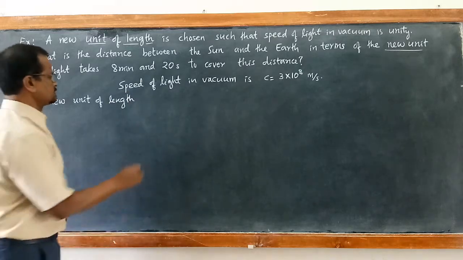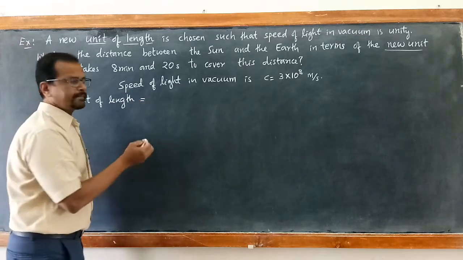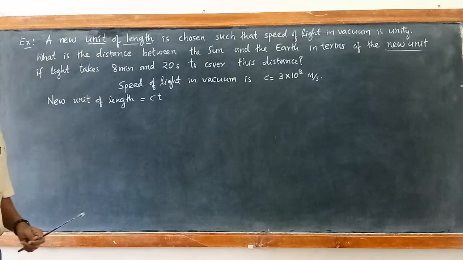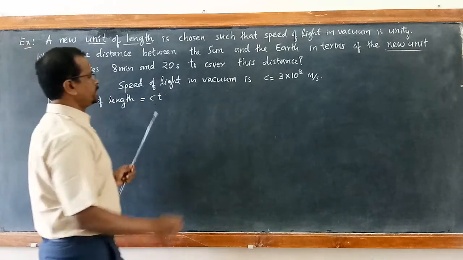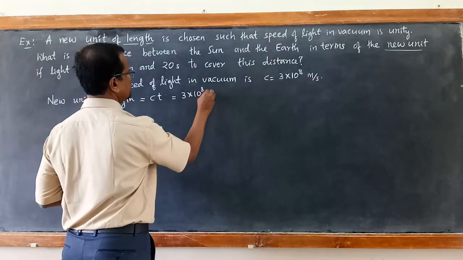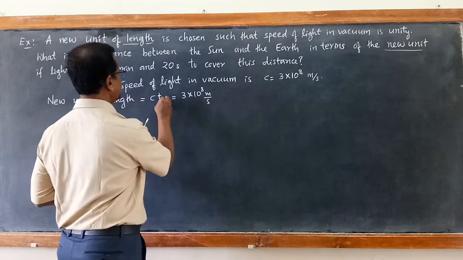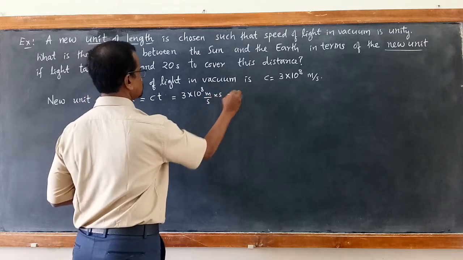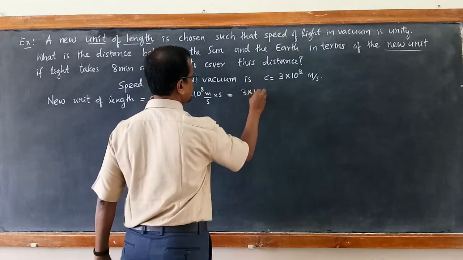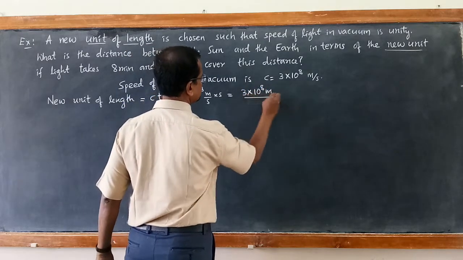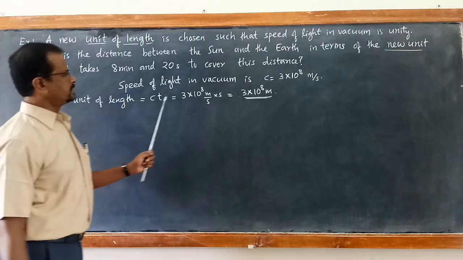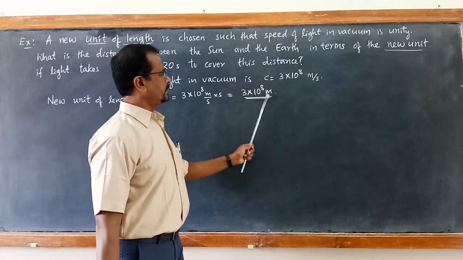Unit of length is speed multiplied by time t. So the speed here is 3 into 10 to the power of 8 meter.